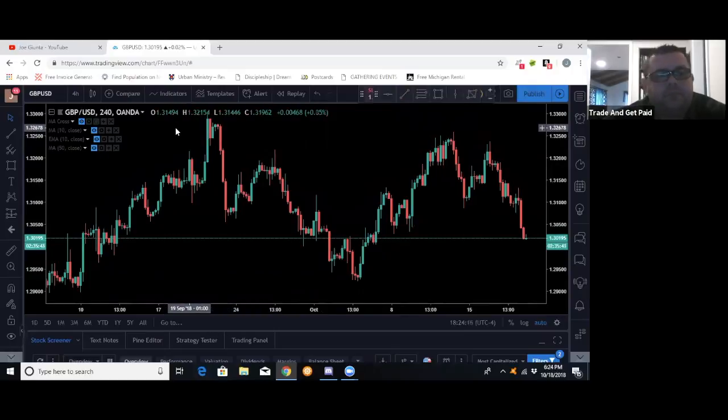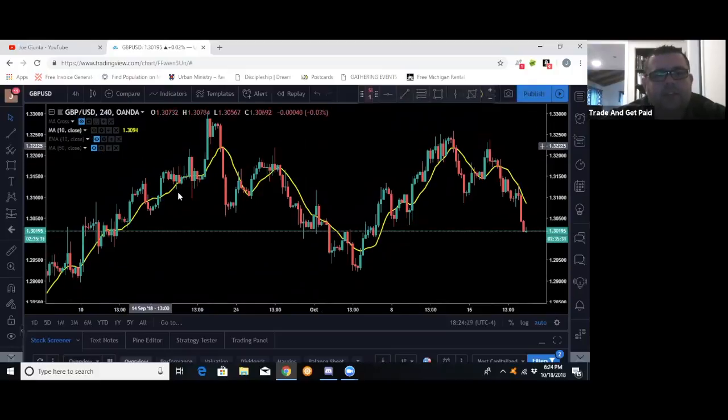Now, a moving average, let me start by saying this: a moving average is a line. Let me show you a simple moving average. This yellow line that you see is a simple moving average. It's called a 10 moving average, or a 10 SMA, simple moving average.